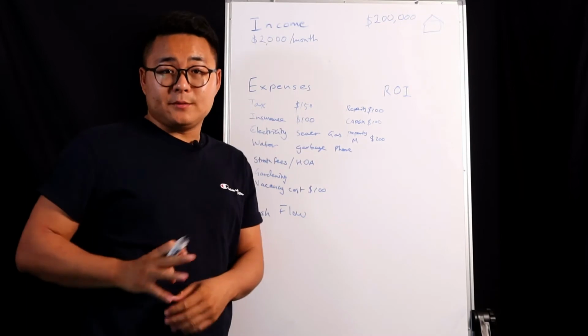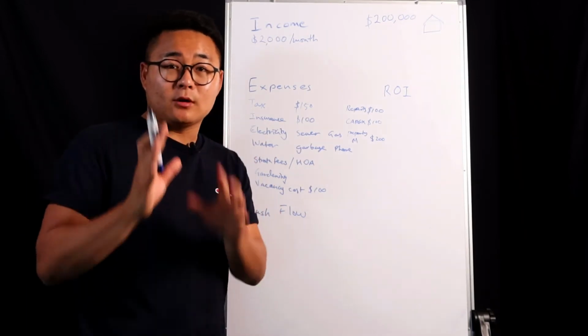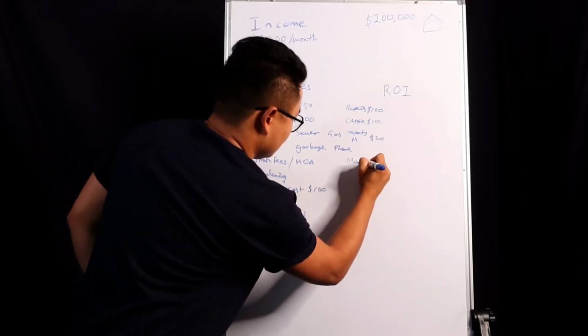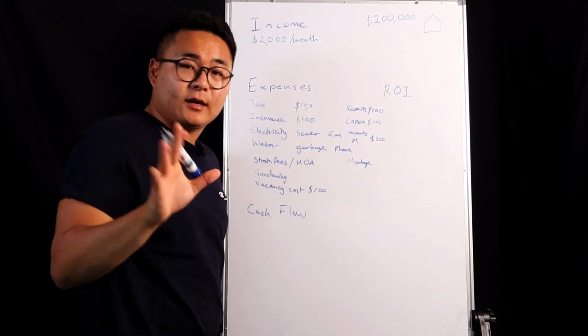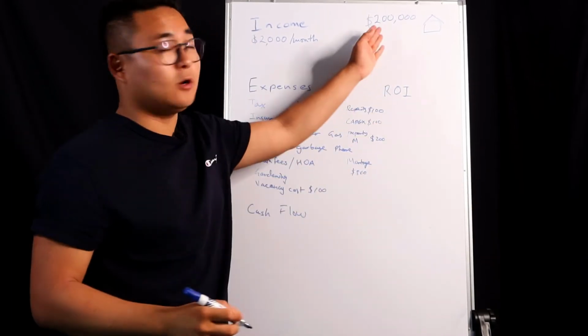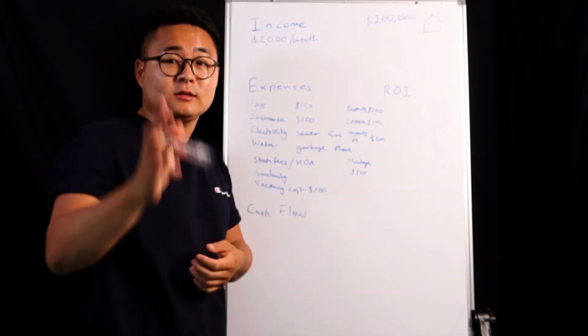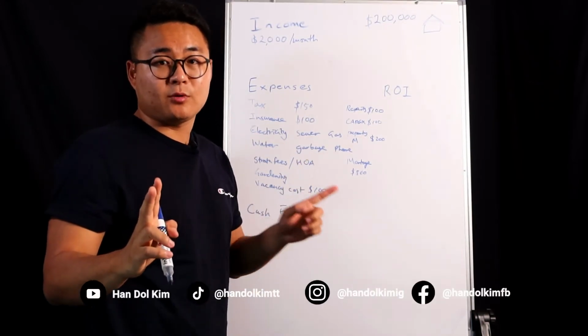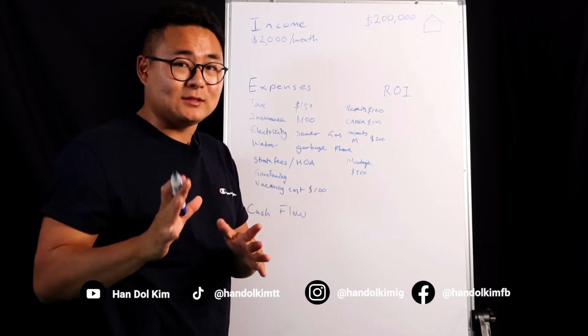Now, in terms of mortgage repayments, yes, I'm going to include a pretty large figure. With the mortgage, I'm going to allocate around $800 a month. That's quite a fair bit because we said we're going to buy this property at $200,000, and if we put down 20% of the purchase price, we're going to borrow about $160,000.